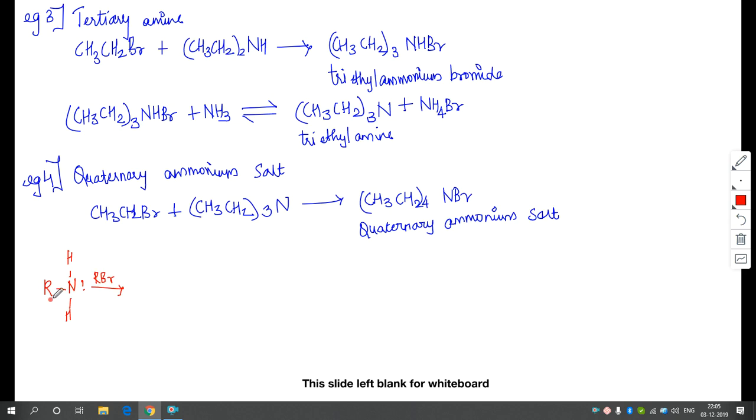This is an alkyl group, nitrogen, halogen of bromine. This is going to give me my primary amine.